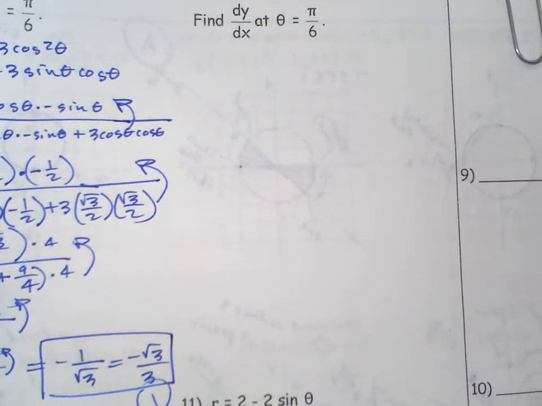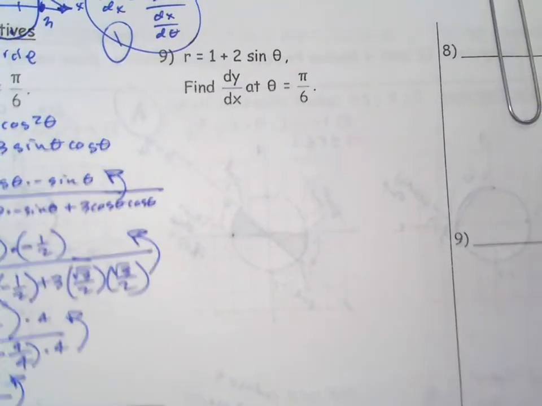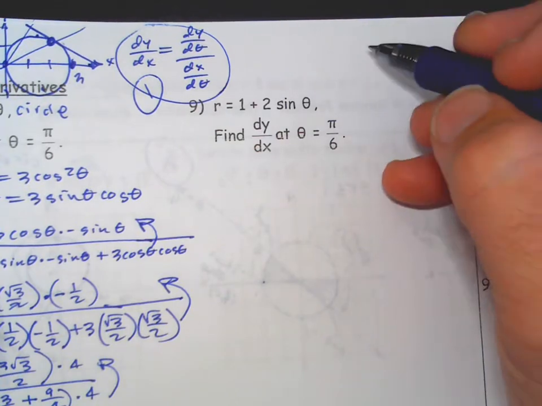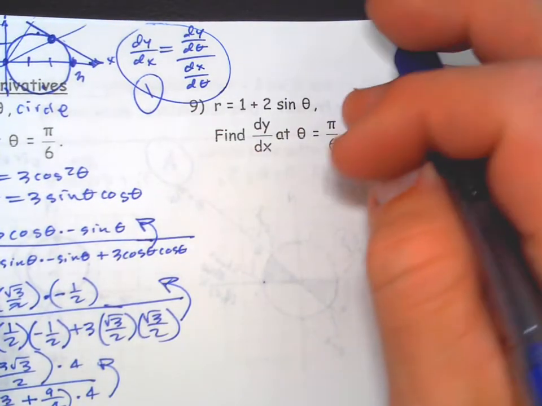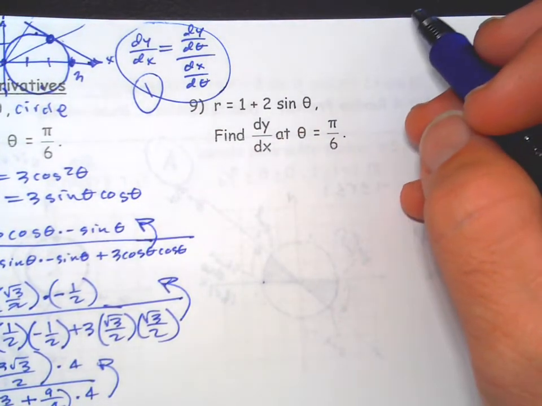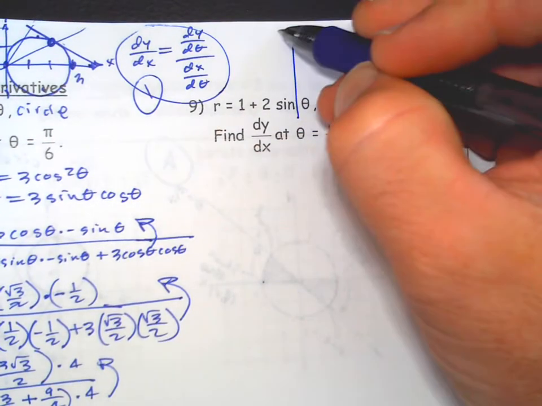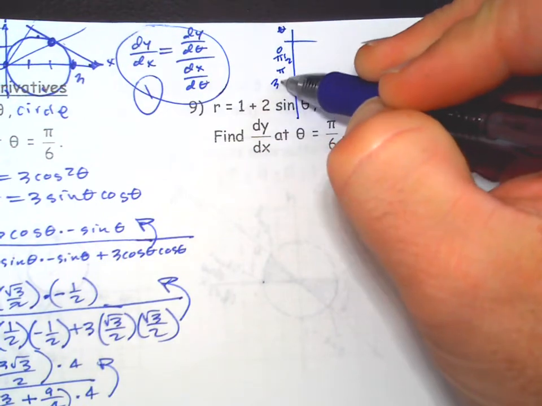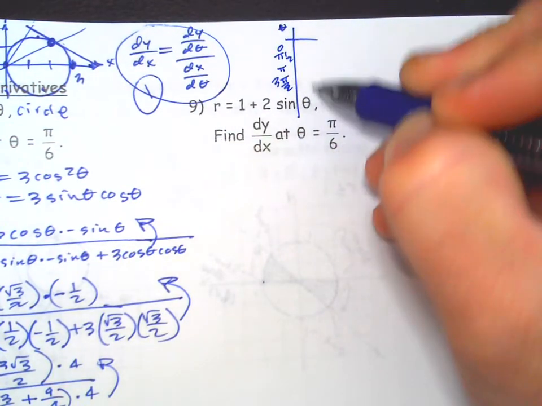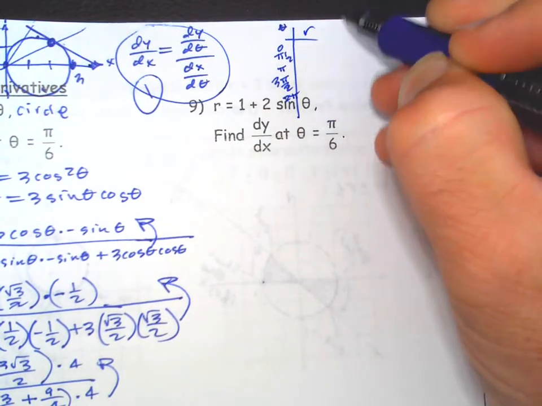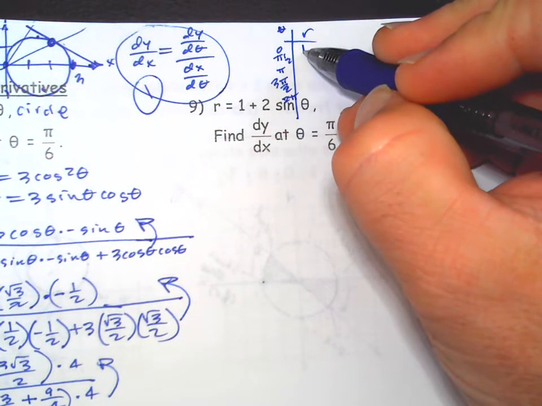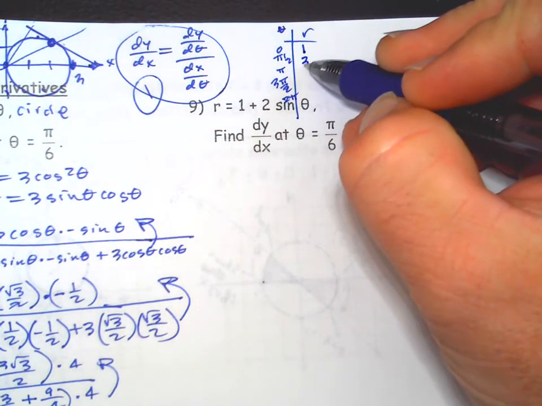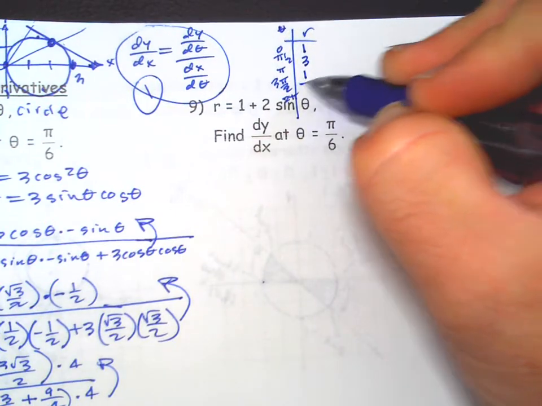Okay, so next one, doing the same kind of thing. I'm gonna do a quick sketch. It's probably like a limaçon, with an interlude or something. All right, so plug 0 in, you get 1, then 3, 1, -1, 1.